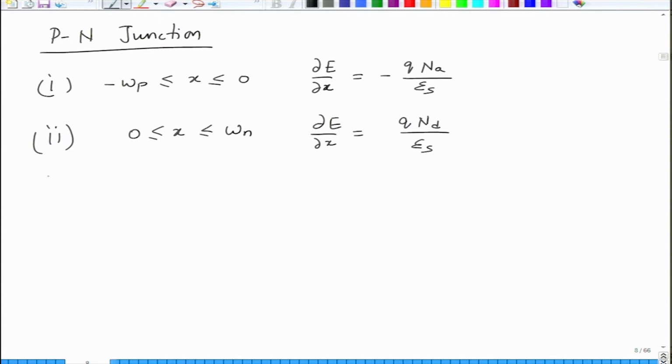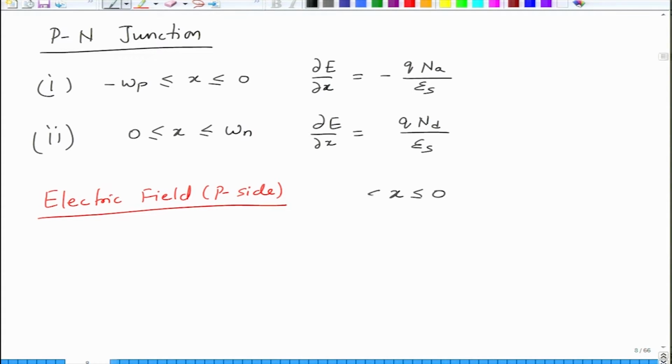Now, if you look at the electric field, first look at the electric field on p side. So, this is the p side, and this is the n side.